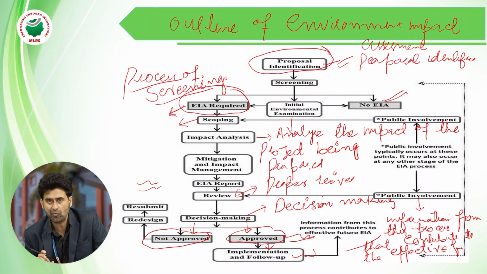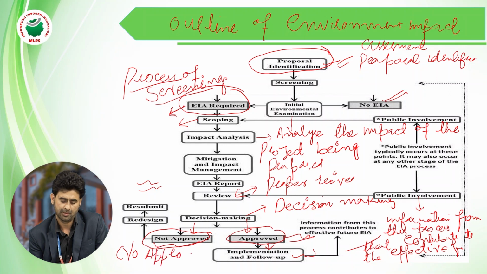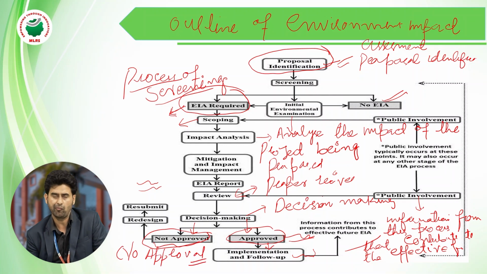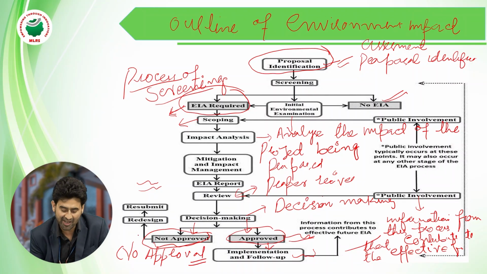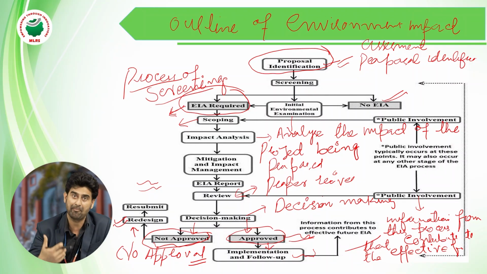If the project does not make the right contribution to the effective structure of environmental impact assessment, the project is not approved in decision making. If it is not approved, then we have to redesign it and resubmit it.